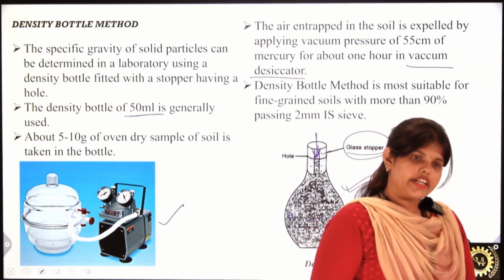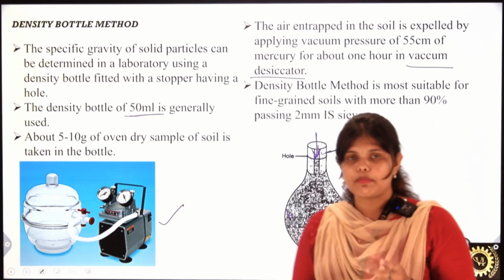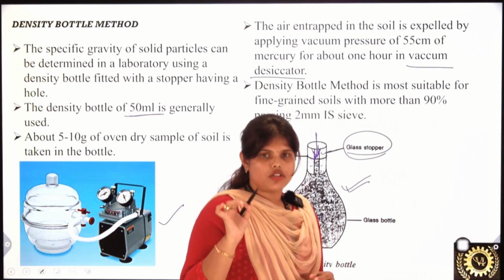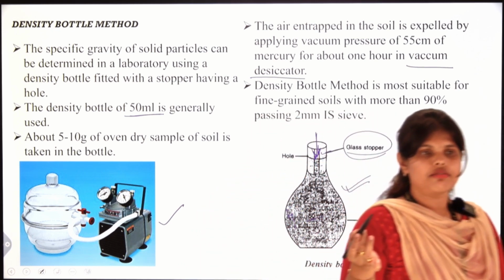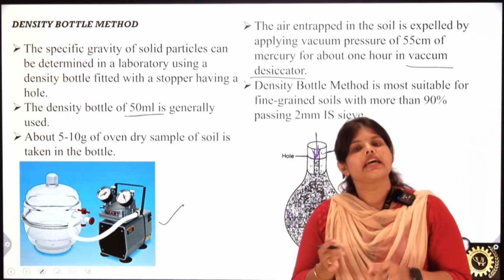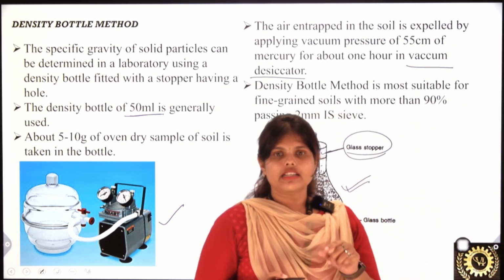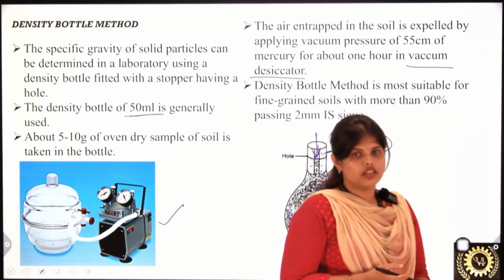If soil passes through the IS, Indian Standard, classification sieve of 2 mm size, then it is fine grained soil. If retained on that sieve, it is termed coarse grained soil.